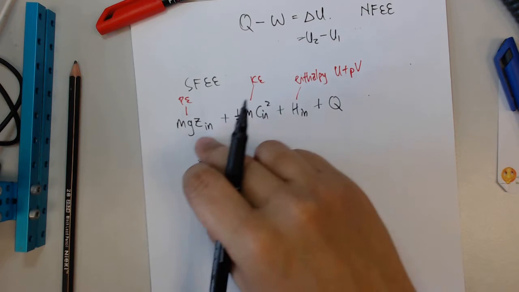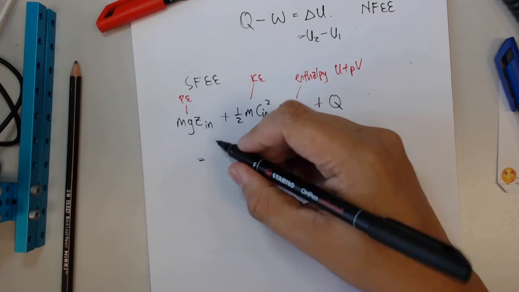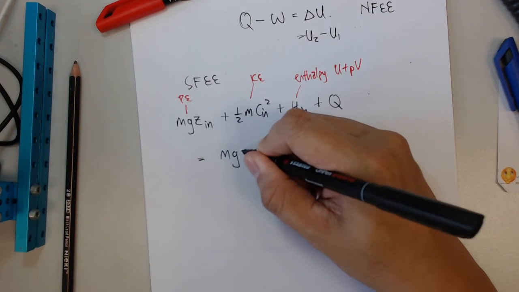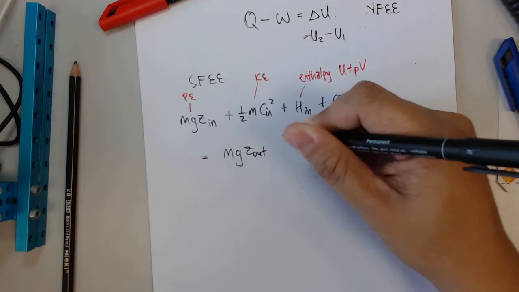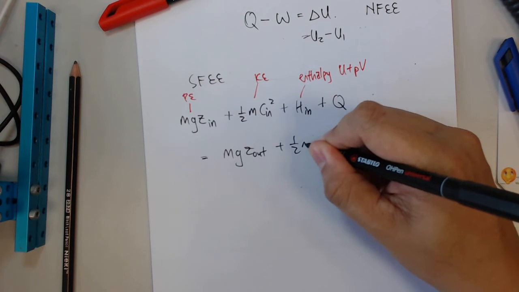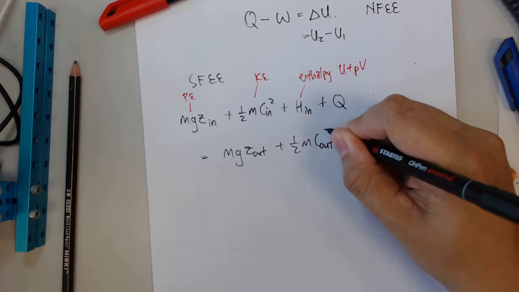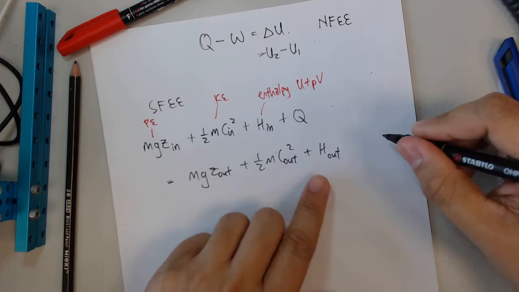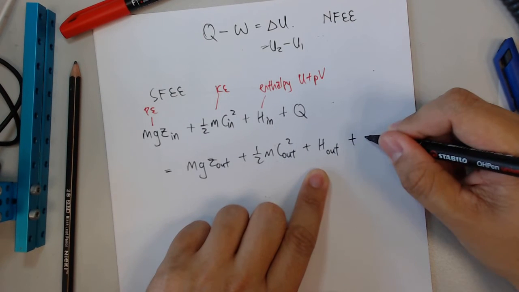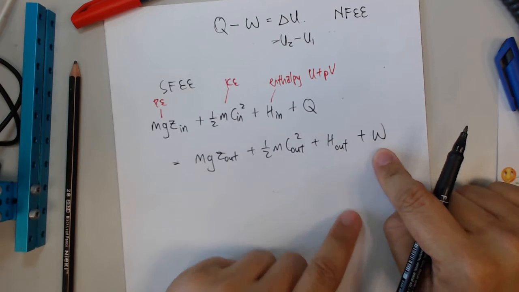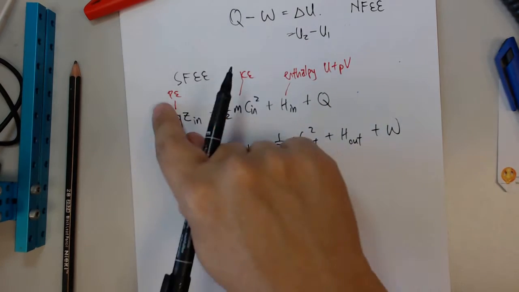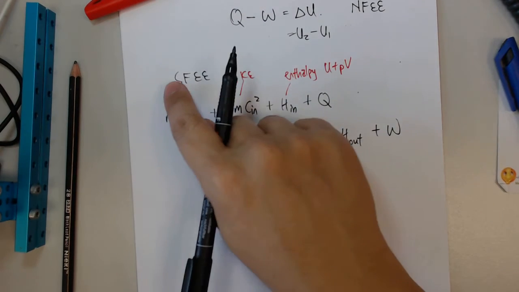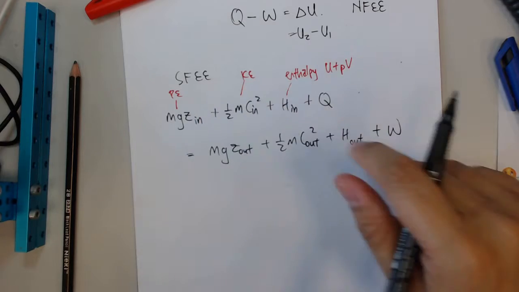These three are the energy terms at the inlet. What happens at the outlet? You have the potential energy as well, kinetic energy as well, and the enthalpy at the outlet, ended off with the work term over here.